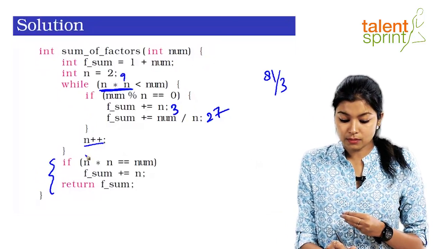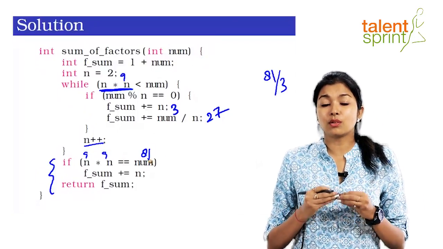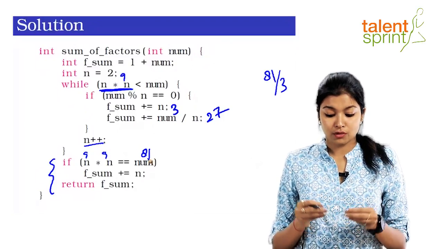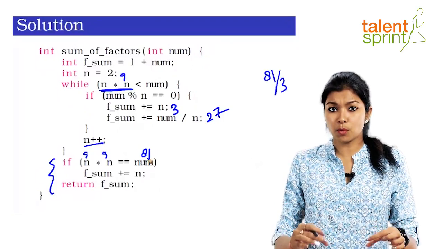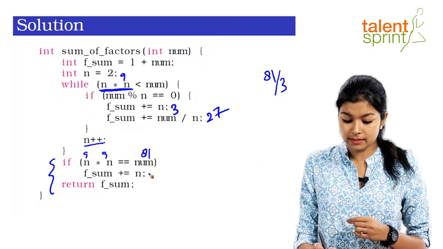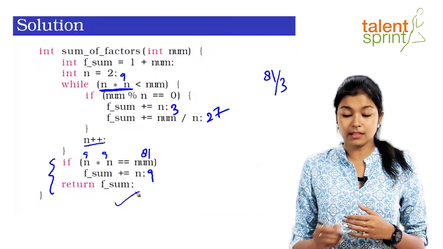So 9 into 9, since it is double equals to 81, 9 should also be added as a factor of 81. So to do that, we have added this small if condition at the end. Now what it will do is, it will add 9 to the fsum, and finally once all this is done, we are returning fsum.